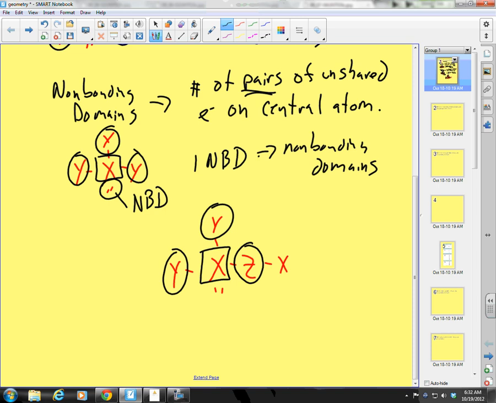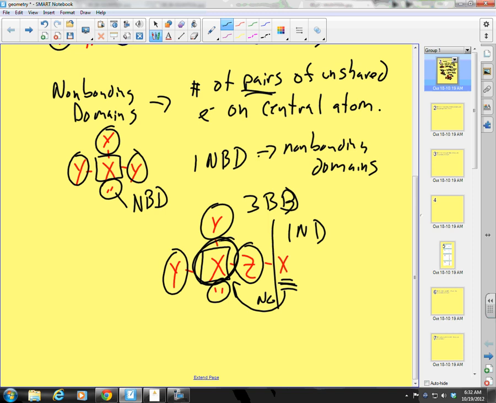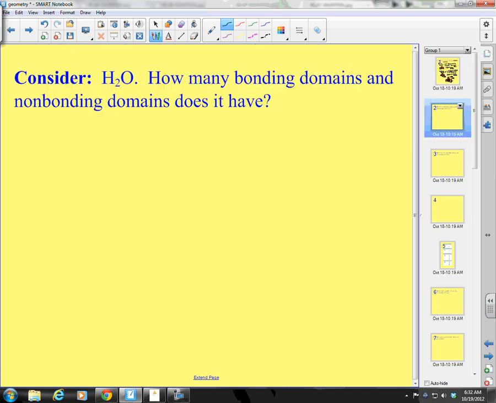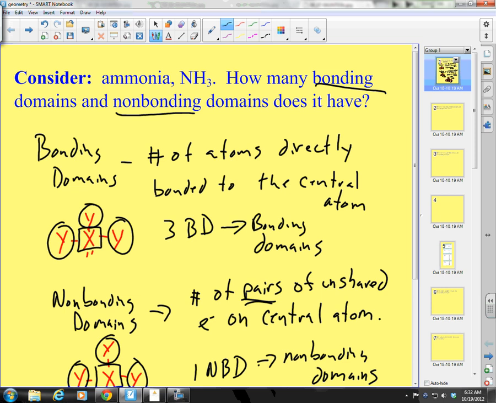What about this X over here? Is that directly bonded to this X? The answer is no, it's not. So we don't even worry about that. We still would say this has 3 bonding domains, and 1 non-bonding domain. We're only looking at what is directly on our central atom. Great. All right. Oh, we better answer our question, shouldn't we?